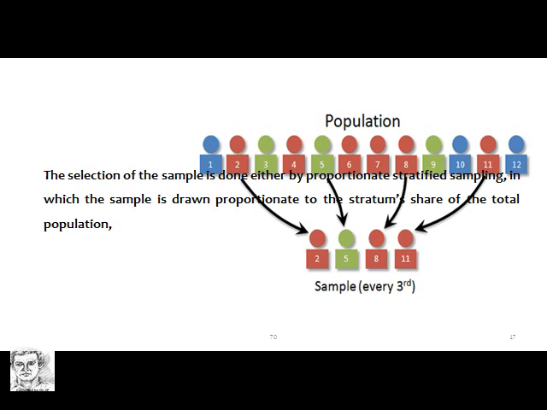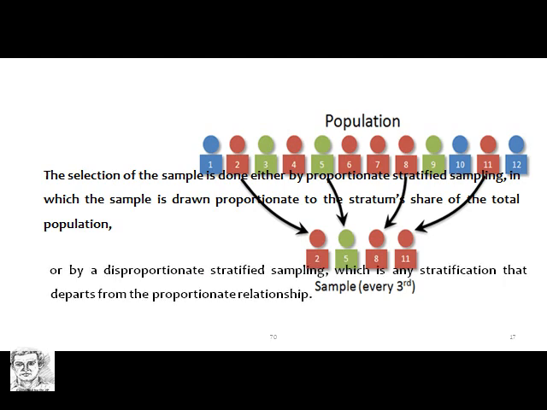The selection of the sample is done either by proportionate stratified sampling, in which the sample is drawn proportionate to the stratum's share of the total population, or by disproportionate stratified sampling, which is any stratification that departs from the proportionate relationship.